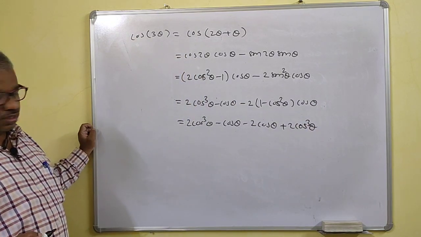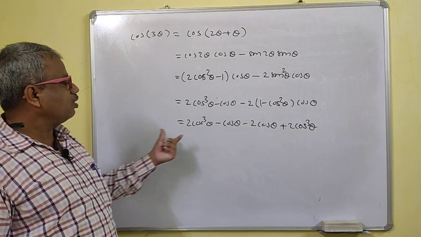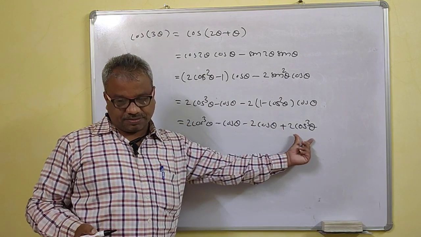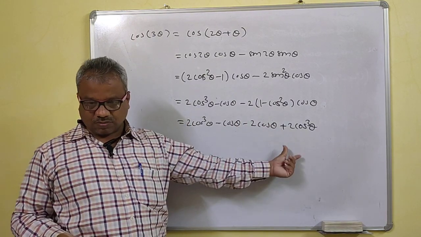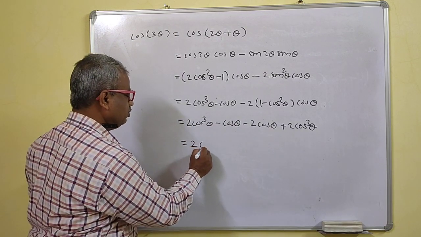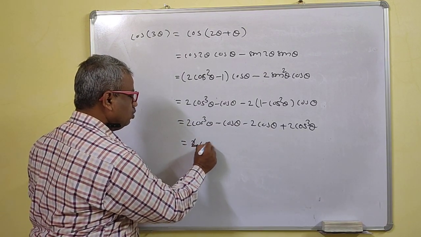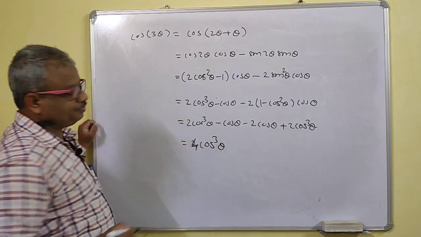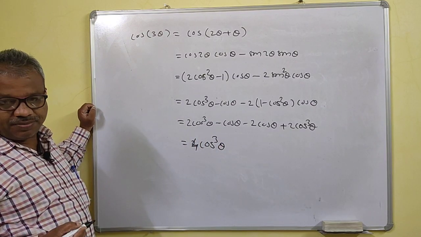If you simplify this, collect the terms with the same power. There are two terms of cos³θ, and both the signs are the same, so take the addition. So this is 4cos³θ.